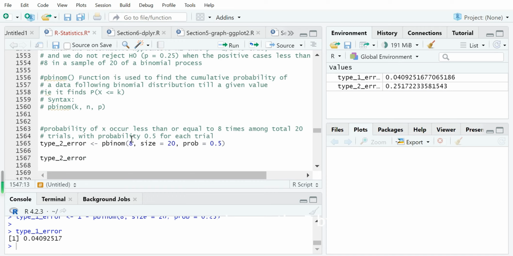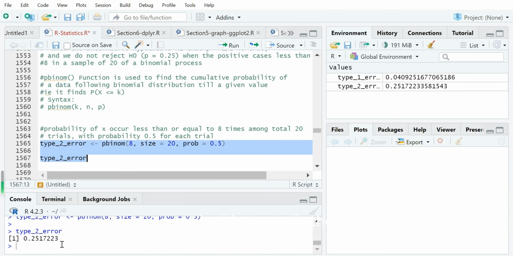So we can also use pbinom: pbinom 8, size 20, probability 0.5. We do not use 1 minus here, because this will calculate the probability of 0 to 8 positive in a 20 sample. So the type 2 error is just equal to pbinom 8, size 20, probability equals 0.5.